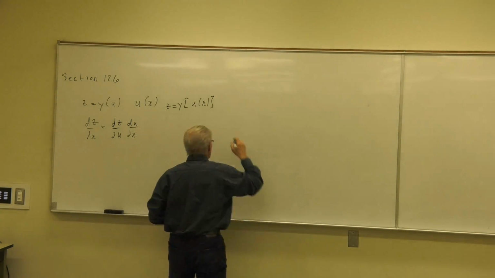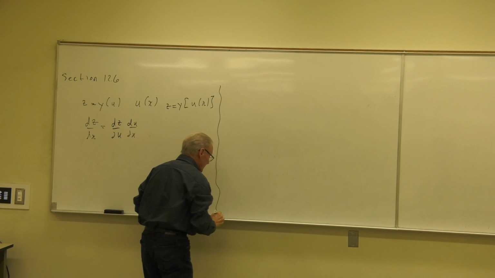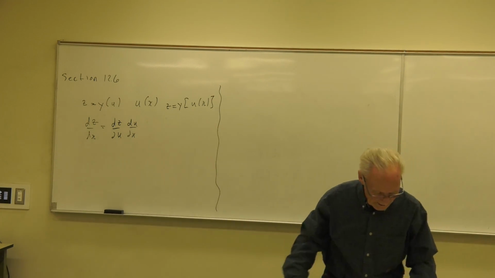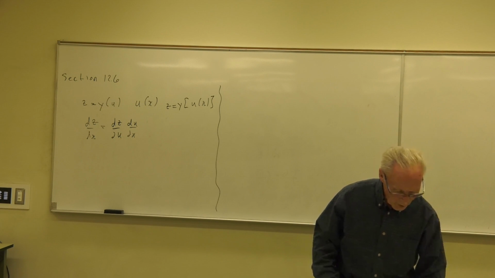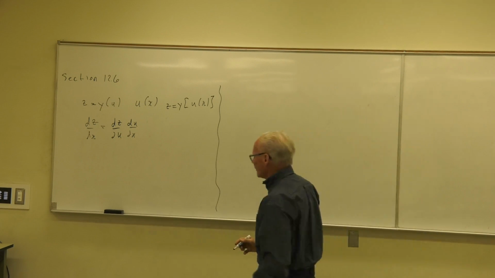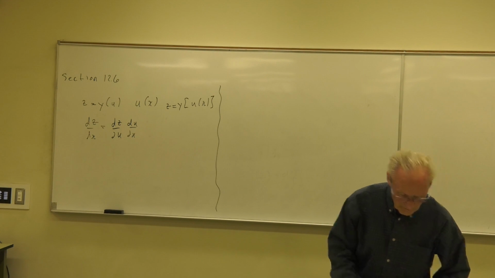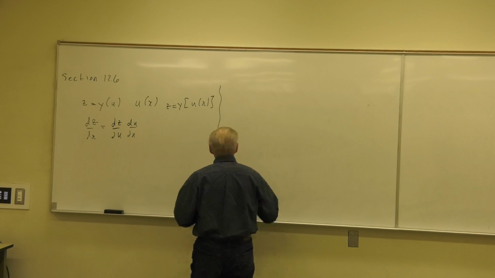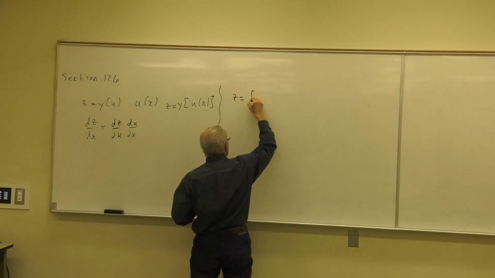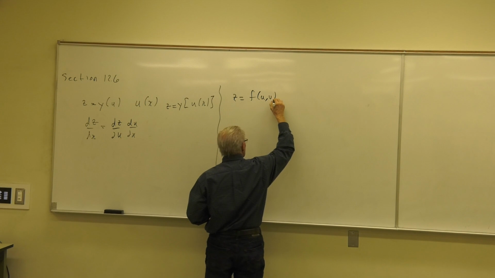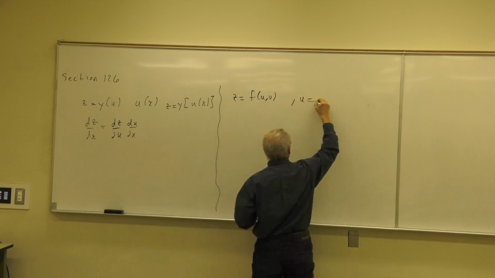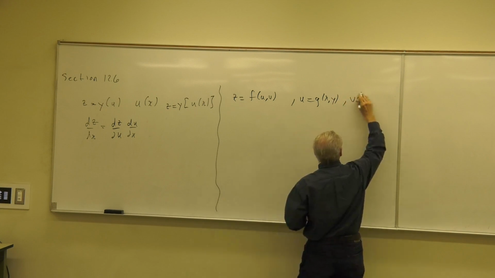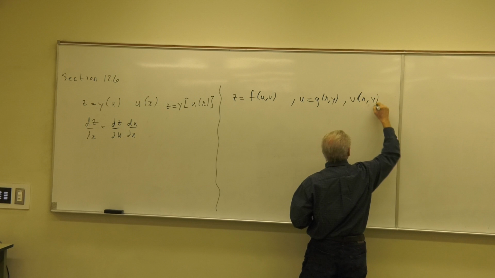For multivariable functions, the possibilities are endless. So let's look at one to get us started. Suppose that z is a function of u and v, and u is a function of x and y, and v is a function of x and y, say v equals h of x and y.